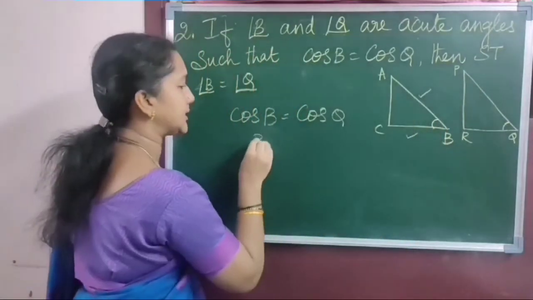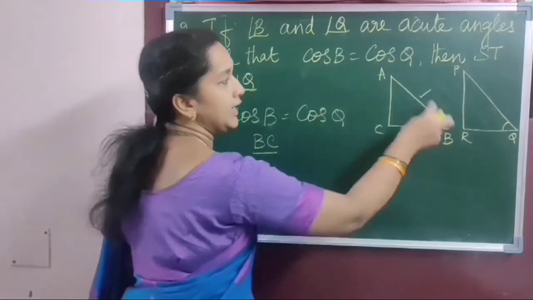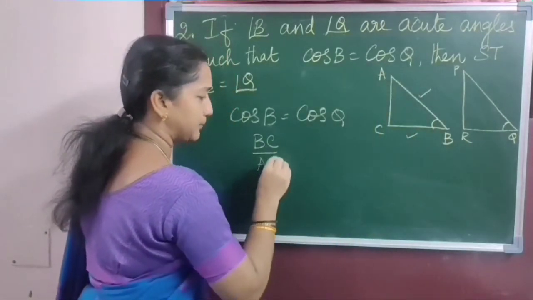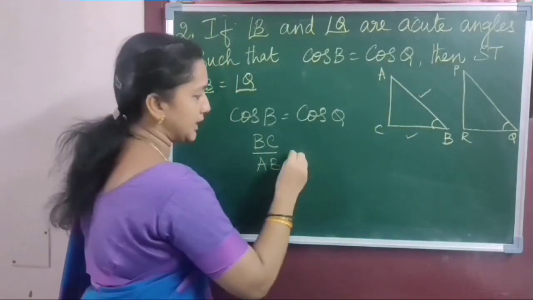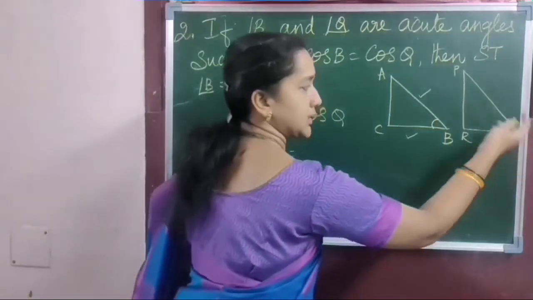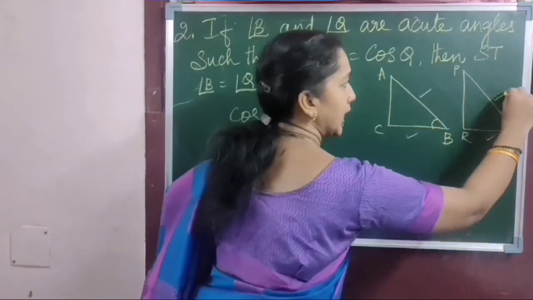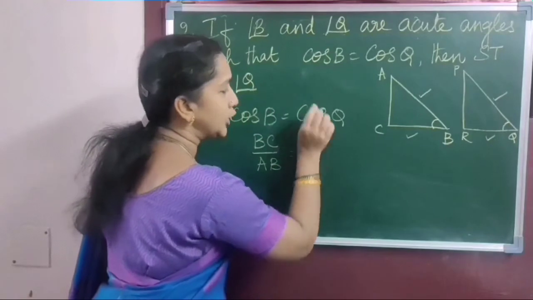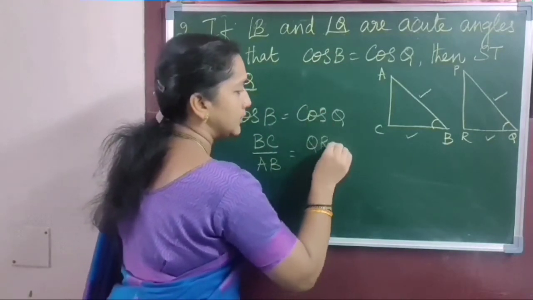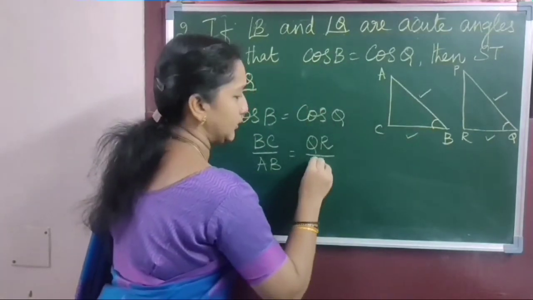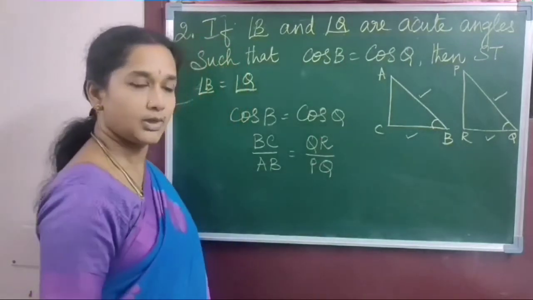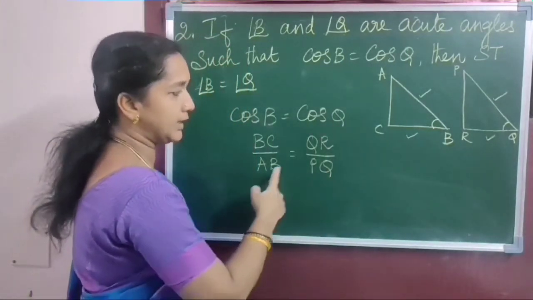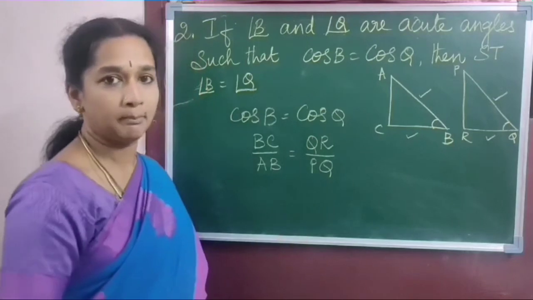Our adjacent is BC by hypotenuse side AB. So BC by AB is equal to, in Q, the same thing, adjacent by hypotenuse. So adjacent is QR by PQ. So it is given that BC by AB is equal to QR by PQ.